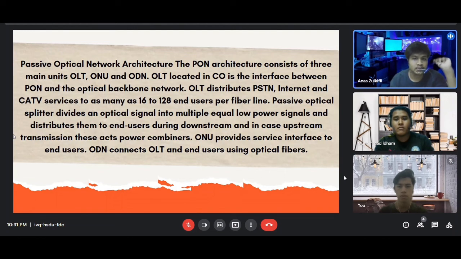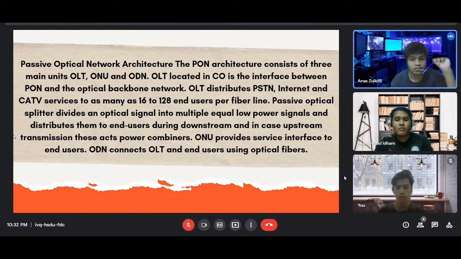OLT distributes PSTN, internet and CATV service to as many as 16 to 128 end users per fiber line. The passive optical splitter separates the optical signal into multiple equal low power signals and distributes them to end users during downstream, and in the case of upstream transmission they act as a power combiner.